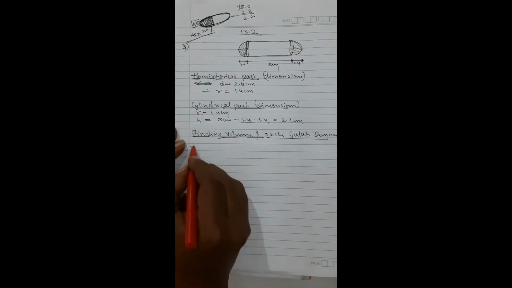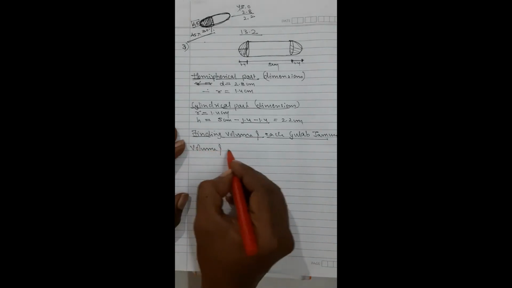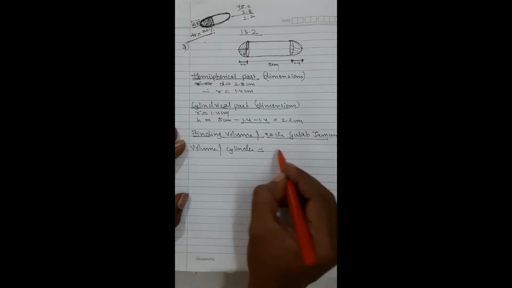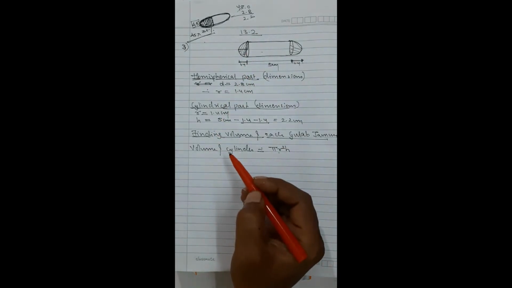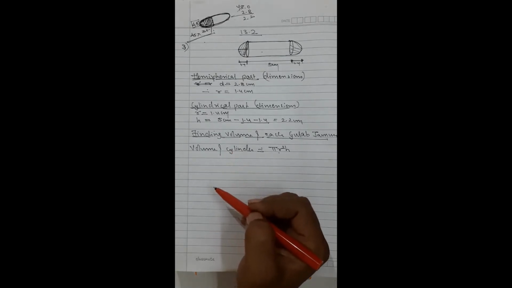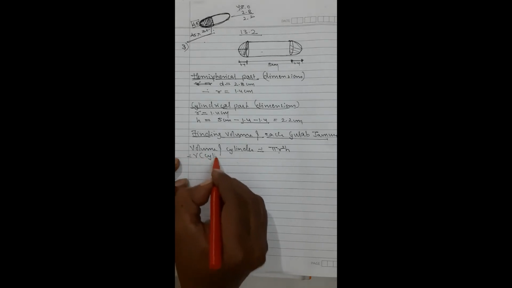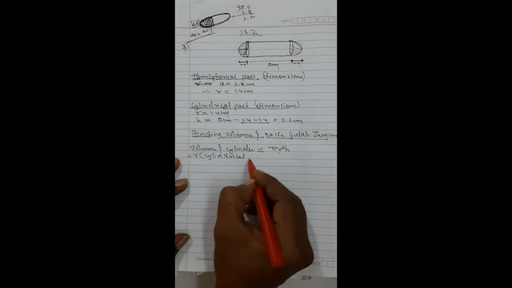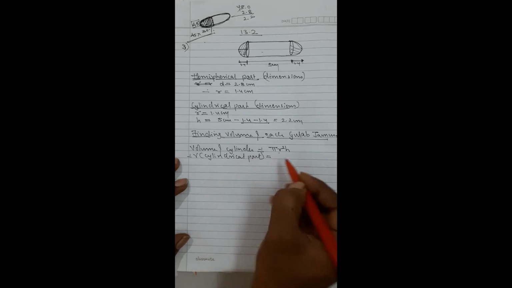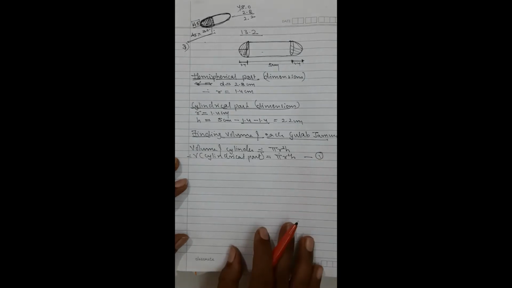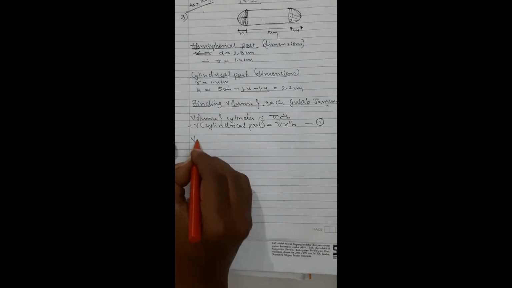For that, the volume of the cylinder: the formula for volume of a cylinder is pi r square h. R is going to be the same for hemisphere and cylinder, so that's why r is sufficient. Therefore, the volume of the cylindrical part is equal to pi r square h. This is your 1.